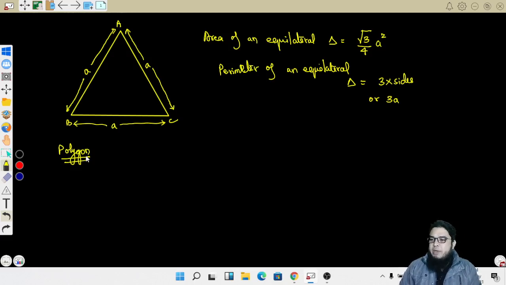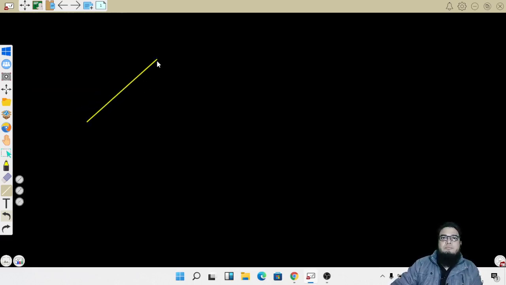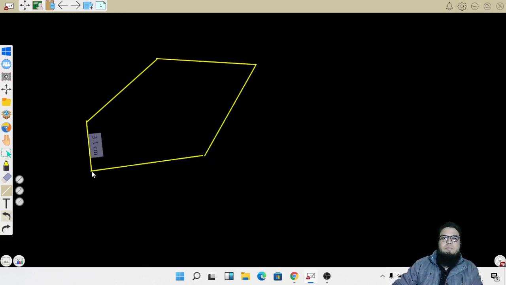It could have 4, 5, 6, 7, 8, 9, 10, 11. Suppose I have drawn here a polygon. This is a typical polygon.